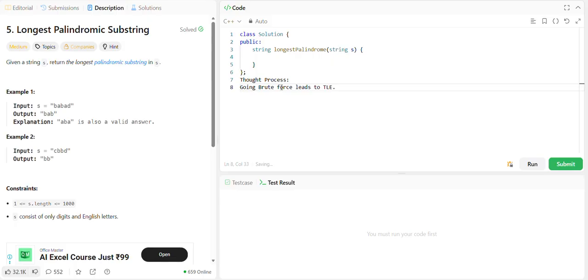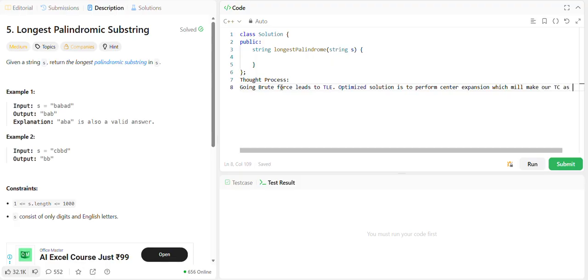The optimized solution is to perform center expansion, which will make our time complexity O of n squared. So that's pretty much it.